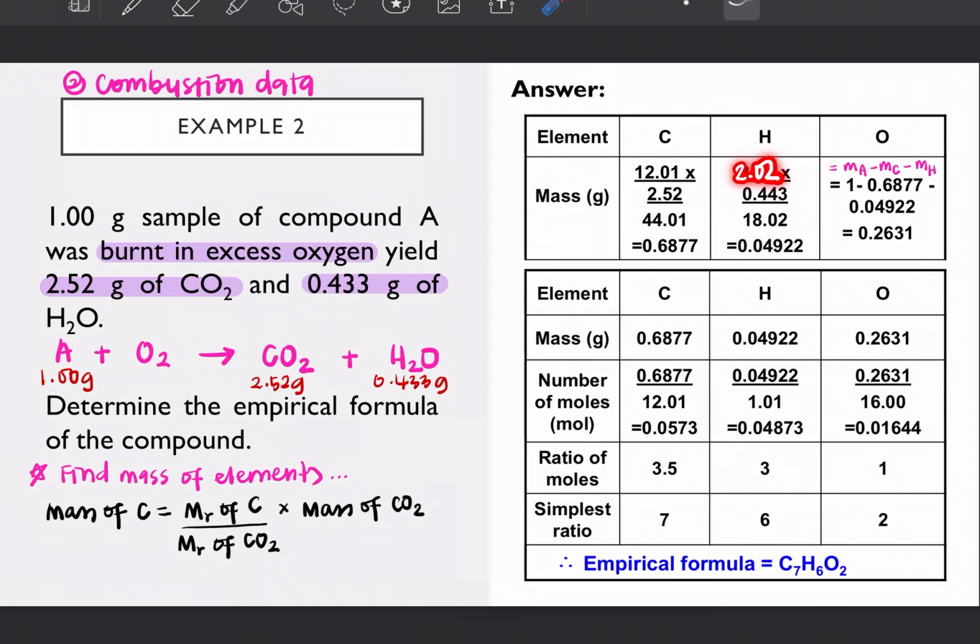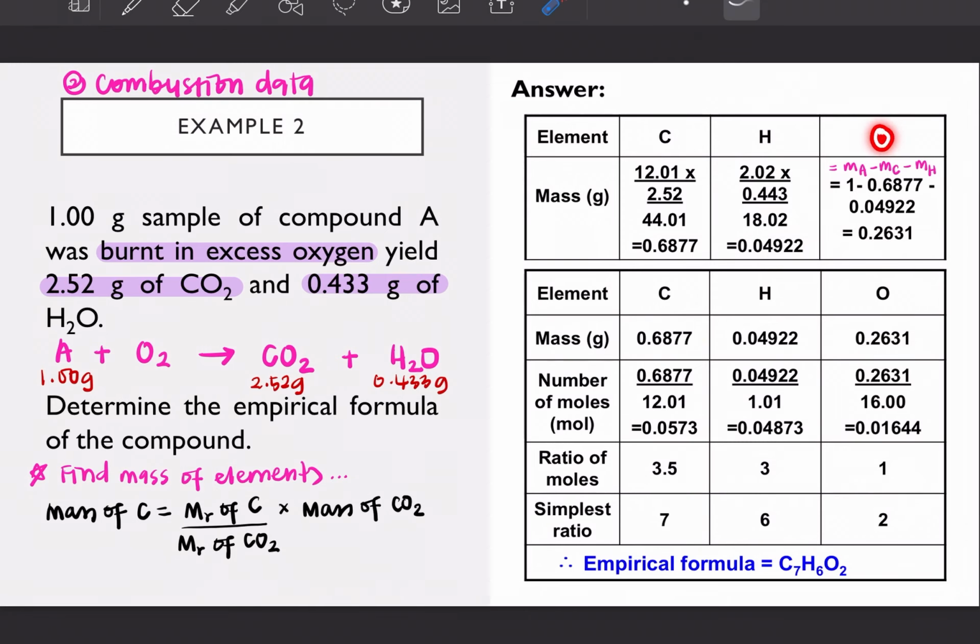That is the molar mass of hydrogen atoms times the mass of water, which is 0.433, divided by the molar mass of water, 18.02. And so you will get your value.